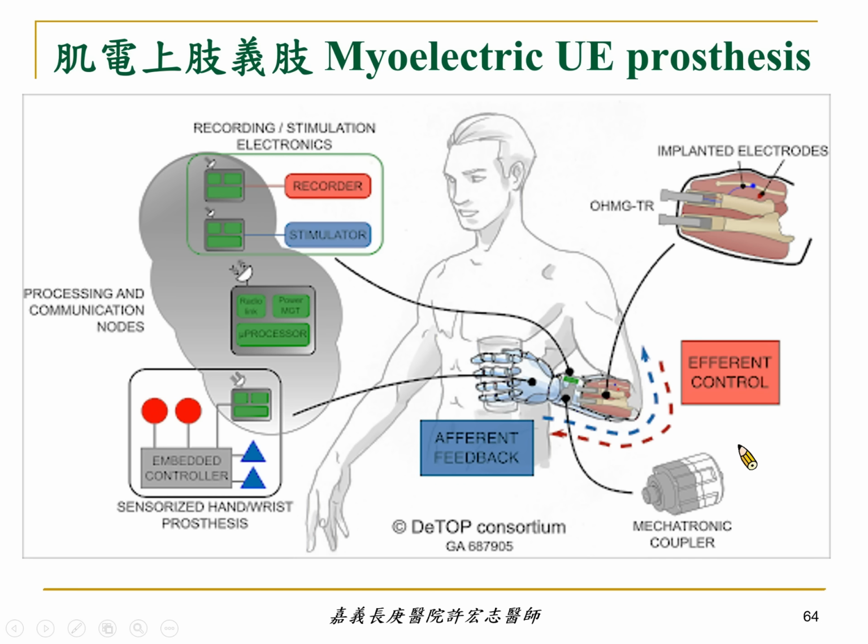This one is the myoelectric prosthesis. The myoelectric prosthesis is the newest version of upper limb prosthesis, in which we can design a robotic hand.